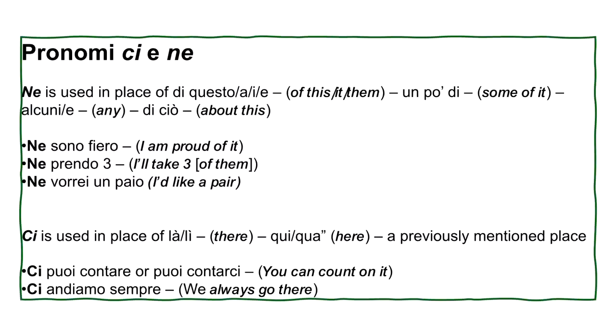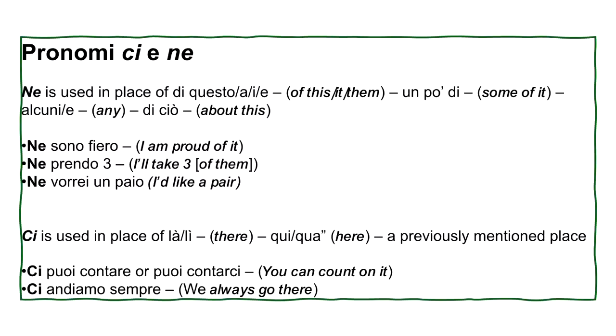The next pronouns that I would like to explain are the pronouns ci and the pronouns ne. Now, starting with ne. Ne is used in place of di questo or di questa or di questi or di queste, which means in English of this or of it or of them.